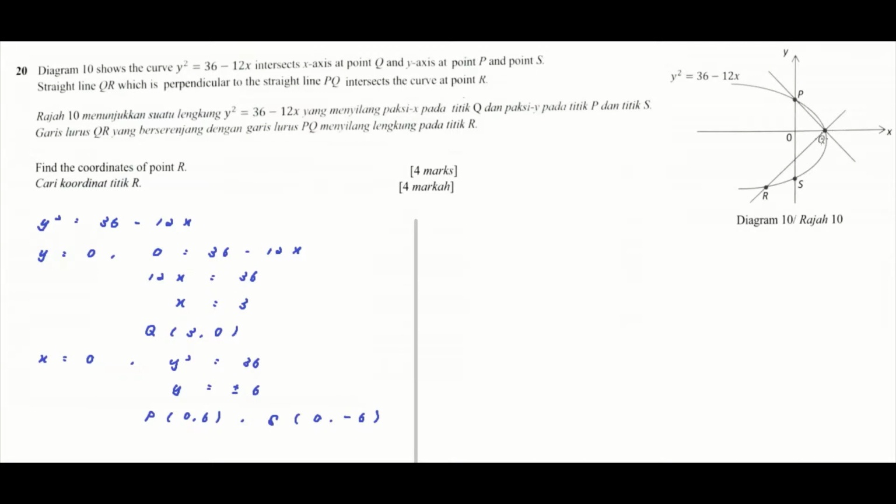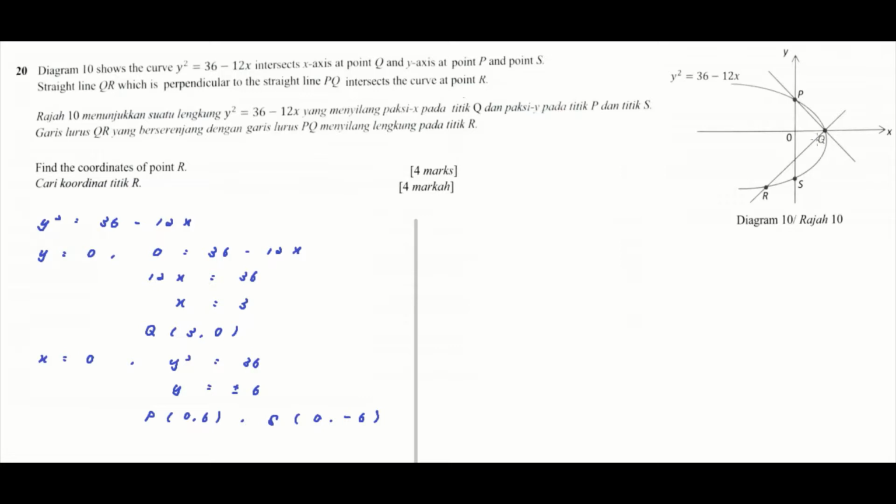Yes, I have. Because if let's say I want to find the equation for RQ, right, I will need to have at least one point, and after that I'll need to know the gradient. But the problem now is between the point R and Q, I don't know anything about R. And then I only have the coordinate for Q, which doesn't allow me to actually find the gradient.